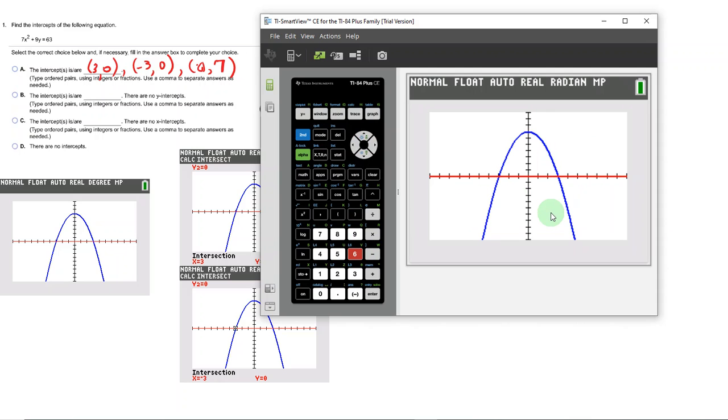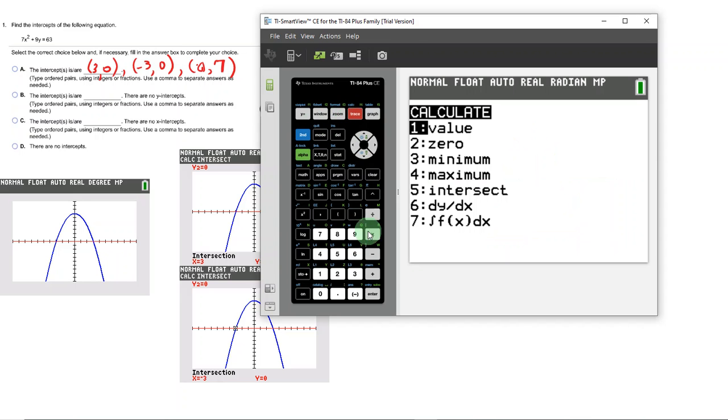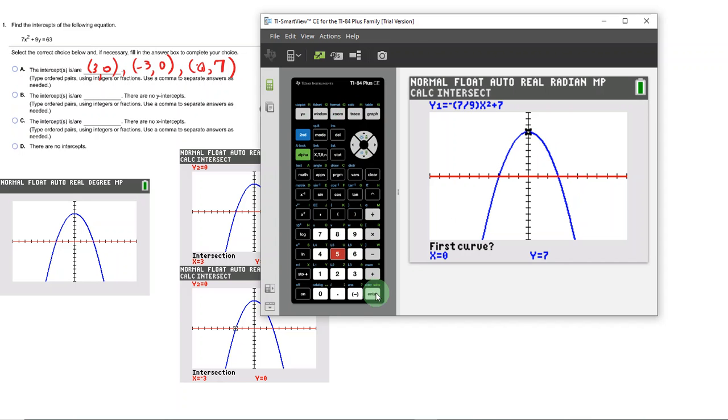My solutions end up here and here, but I am looking for the x-intercepts and the y-intercept. So if I want to find the x-intercepts, you might be able to see them, but to be sure, if you've got y equals 0 here, you can do second calc intersect and hit enter 3 times.